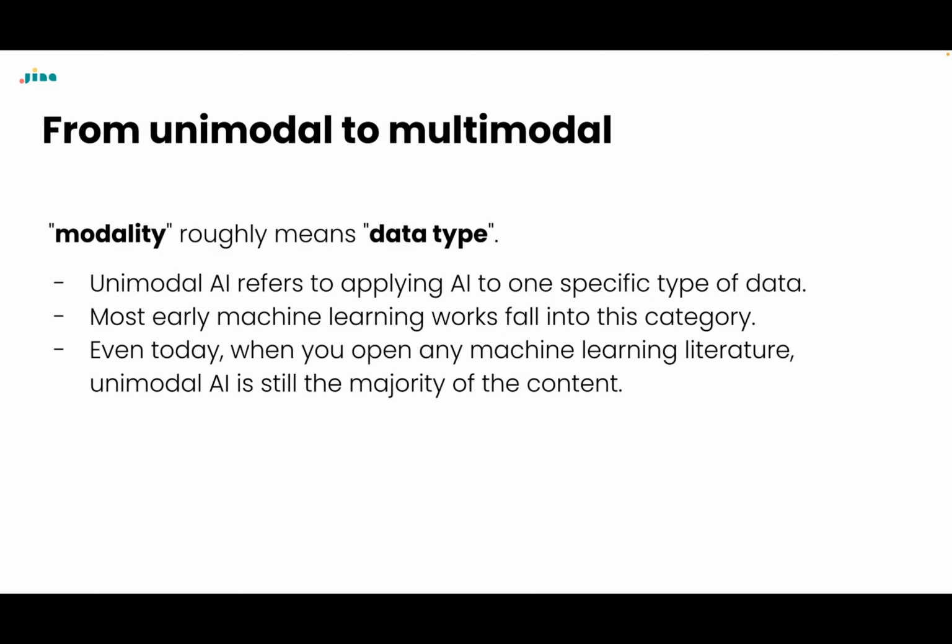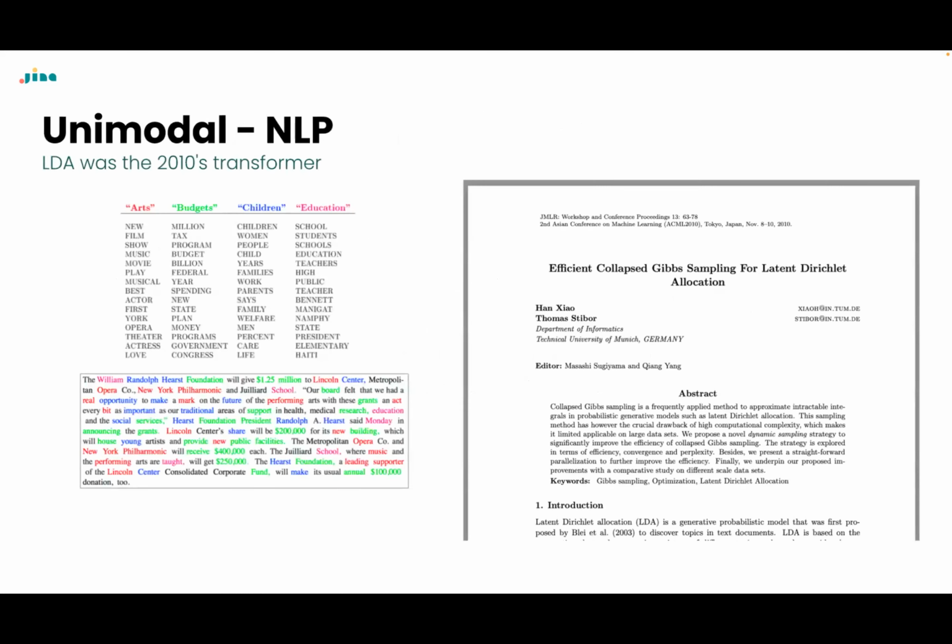You can imagine most of the early machine learning algorithms fall into this category, right? Even today, if you learn machine learning from scratch, most of the machine learning literature or books basically teach you how to do machine learning in a unimodal way, right?